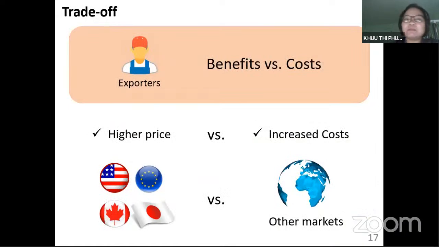Because the trader can get a higher price in the high standard market, but you have to increase costs. That's why if the producers, farmers or fishermen don't recognize the benefit, they will turn to other markets. They will accept selling their product to the low standard market.